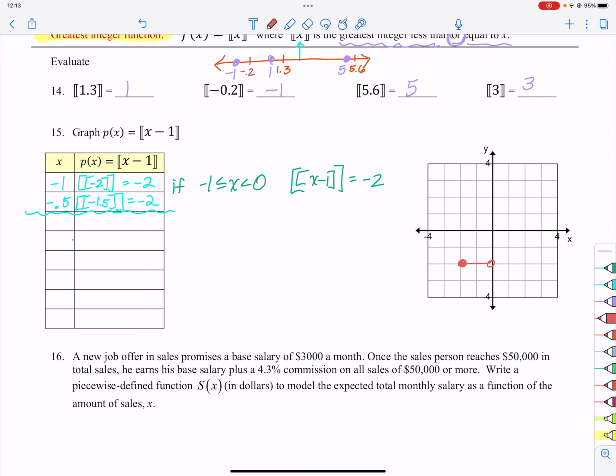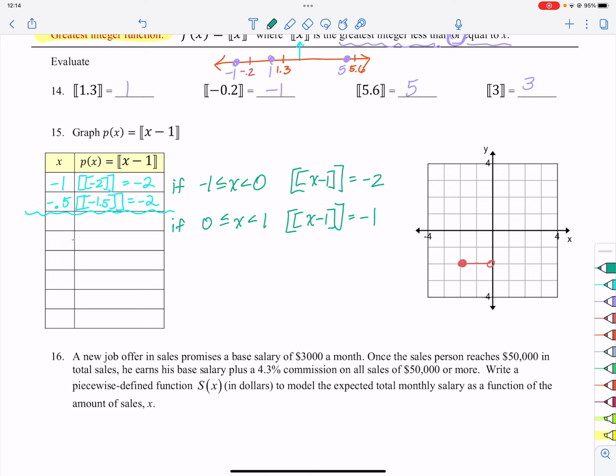Now, the second we have 0 as an x value, so let's write our next interval. If 0 is less than or equal to x is less than 1, we will have the greatest integer of x minus 1. For any of those values, it's going to be negative 1.